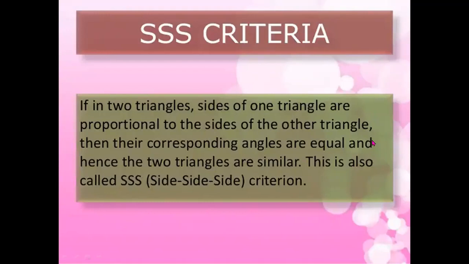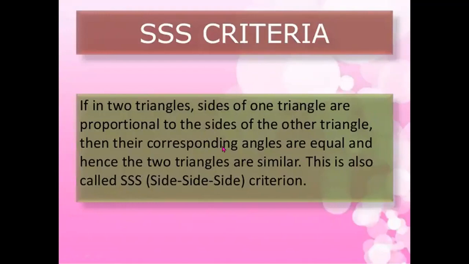This is also called SSS side criteria. So if in two triangles, sides of one triangle are proportional to the sides of the other triangle, then their corresponding angles are equal also, and hence the two triangles are similar. We can say that it is using the side test or criterion.